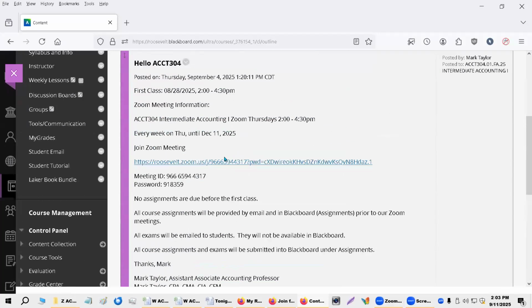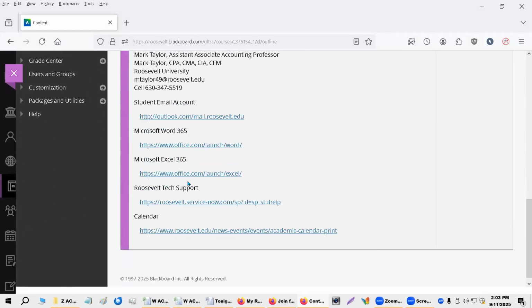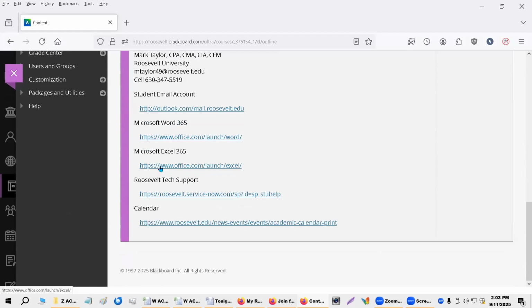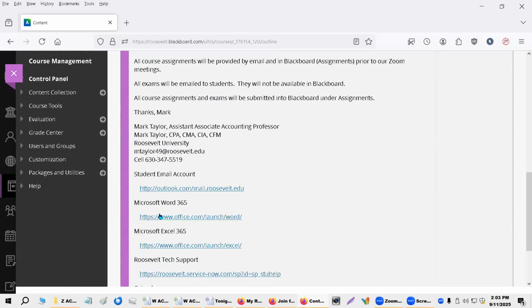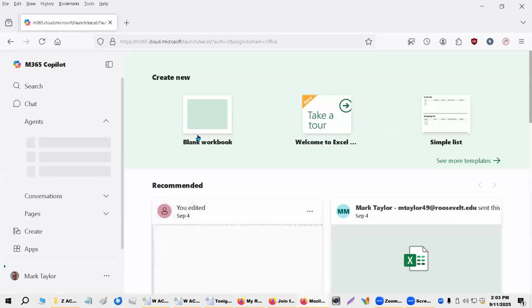If you look on Blackboard, right in the announcements, if you want to use Excel and you don't have it on your computer, you can actually do it right from here. You can do it through your email also, but it's also included in the announcements. So if you just click on that, I don't know if I showed you guys this or not, you can click on that and then you can upload the file into it.